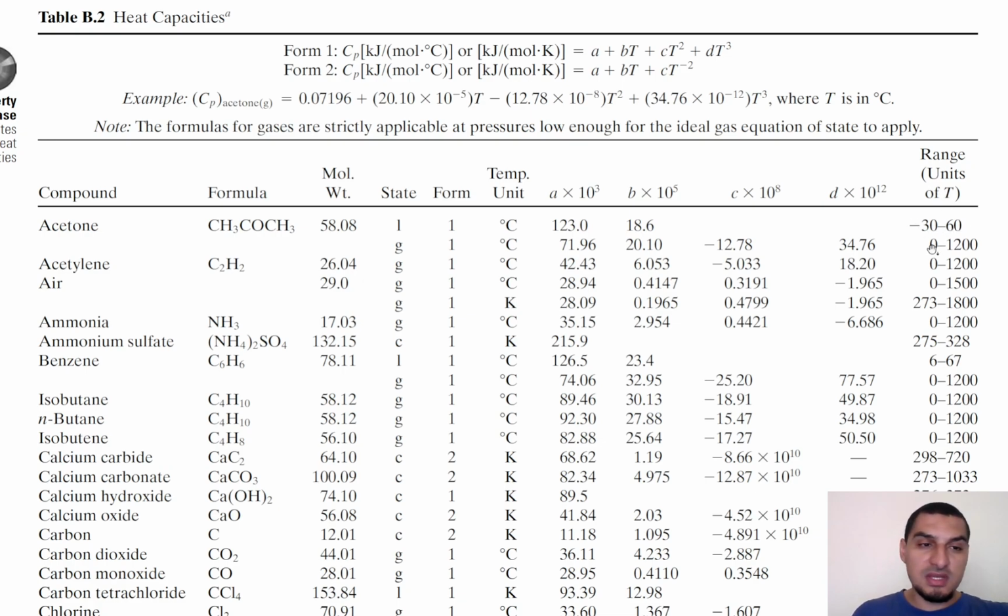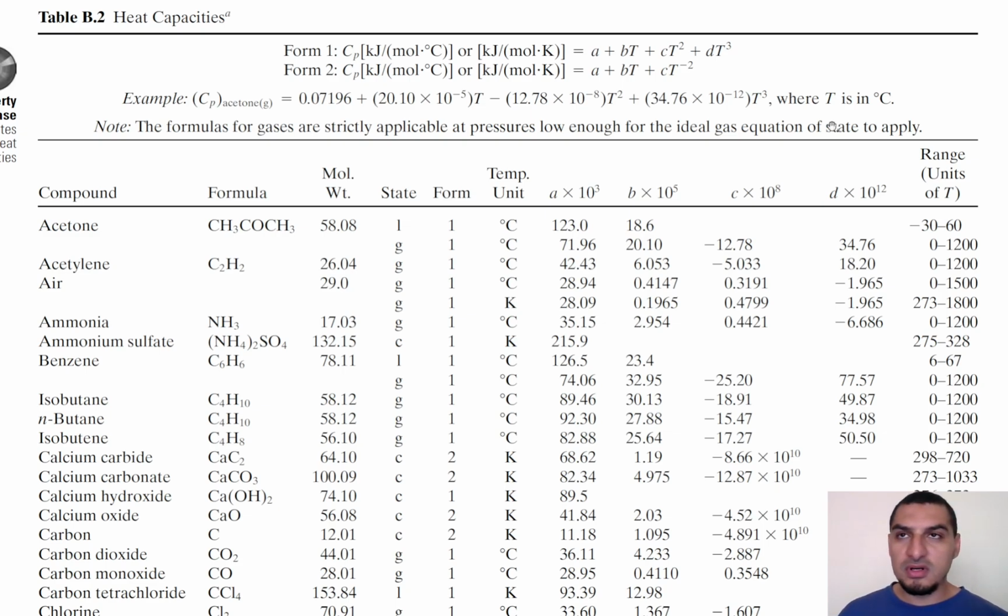So if it's out of the range, then you cannot use these numbers. Finally, there is a note here that the formulas of the gas are strictly applicable at pressures low enough for the ideal gas equation of state to apply. So this applies for the ideal gases, if it's a gas, of course, but this is valid only for low pressures.